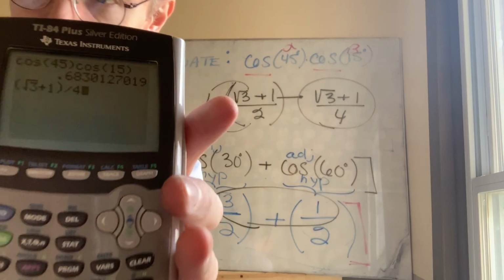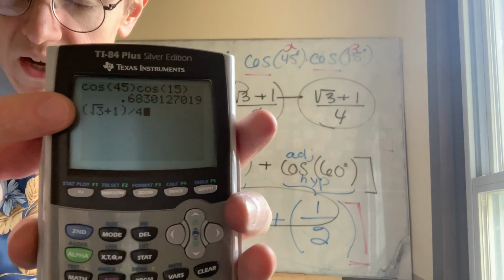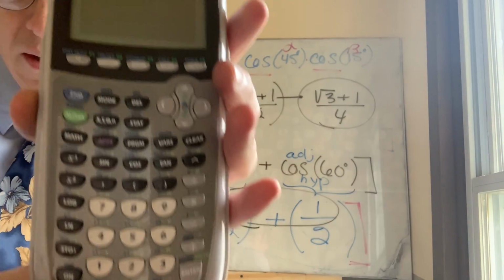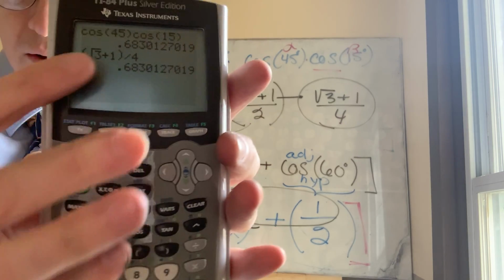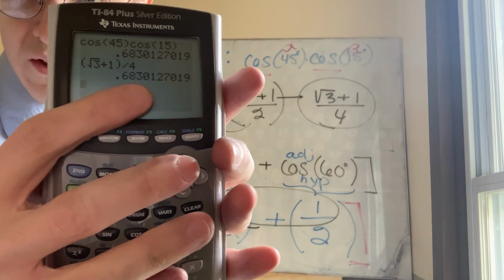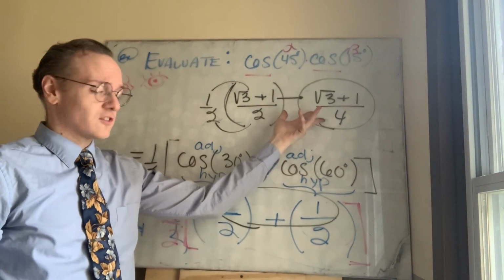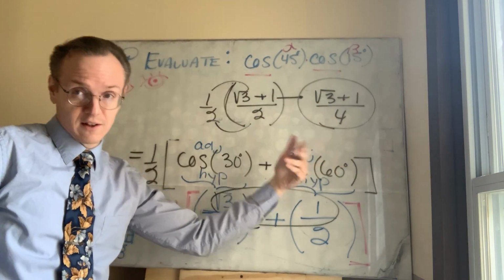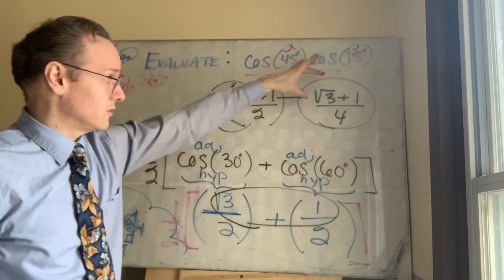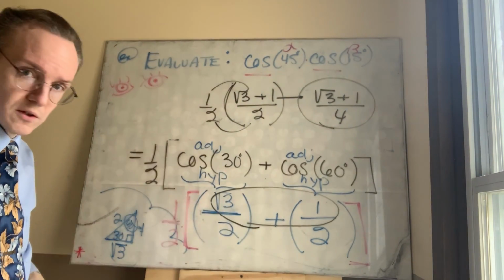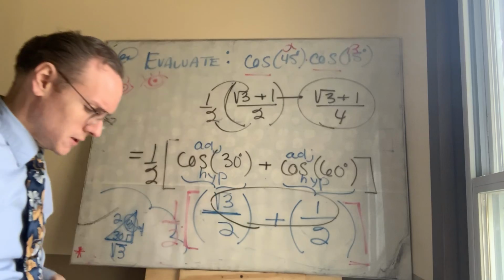This is how I've entered it into the calculator. I grouped the top, right? And there's the same decimal, 0.683, what it is into infinity. In this style of writing it, it is an exact answer because it involves an irrational number. This is just a high degree of precision.